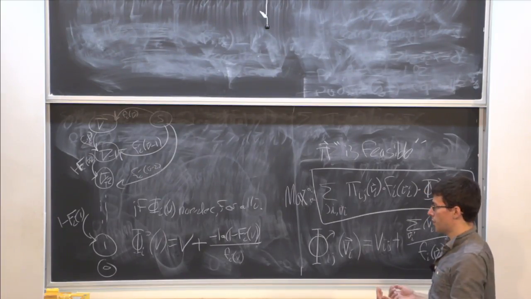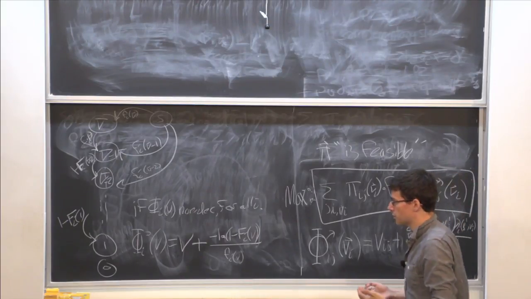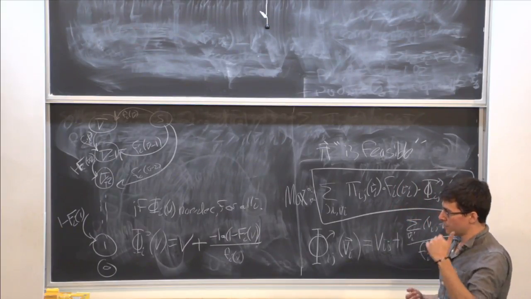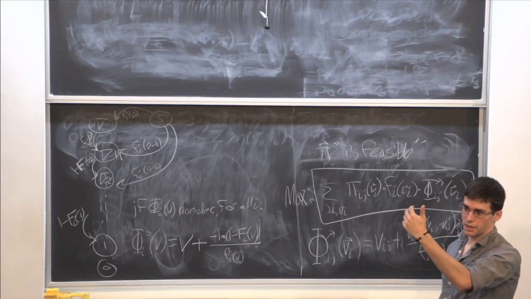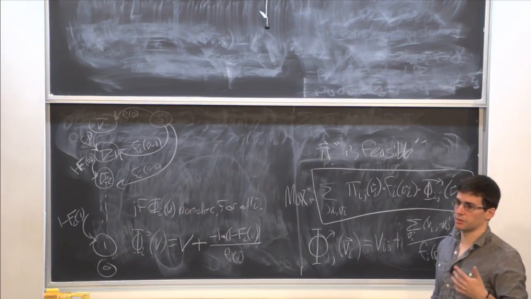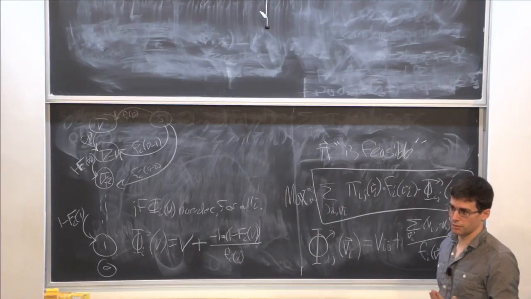It's known, and not hard to prove, that if you have a monotone allocation rule, there always exist prices to make it truthful. And it's an if and only if: if the allocation rule is not monotone, there are no prices you can charge to make it truthful.